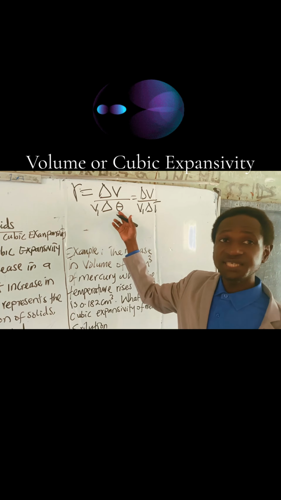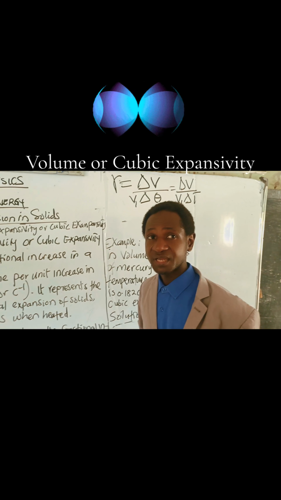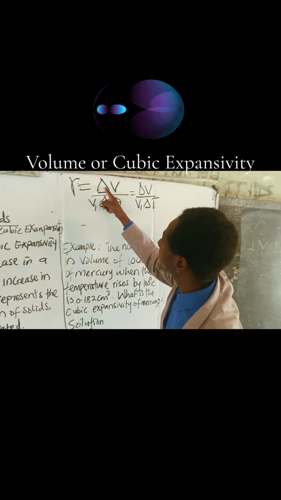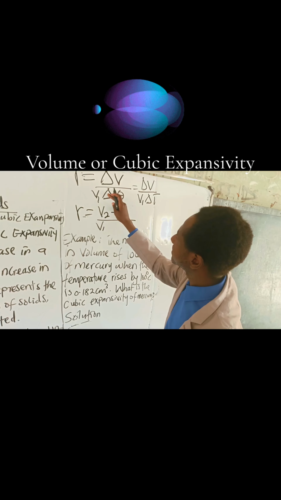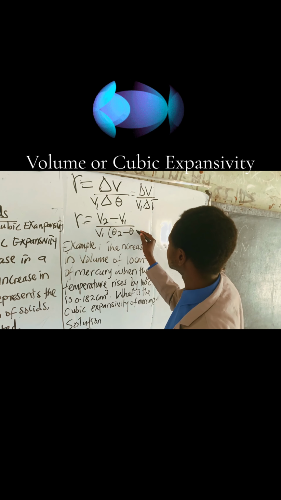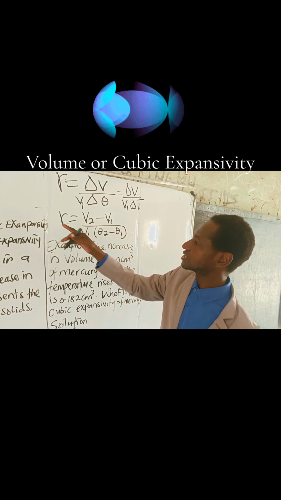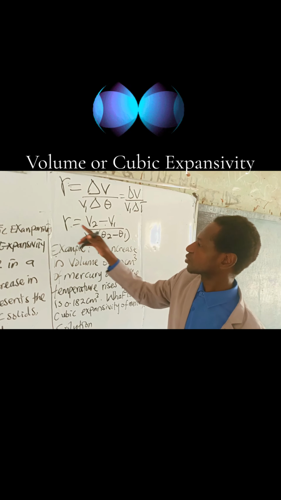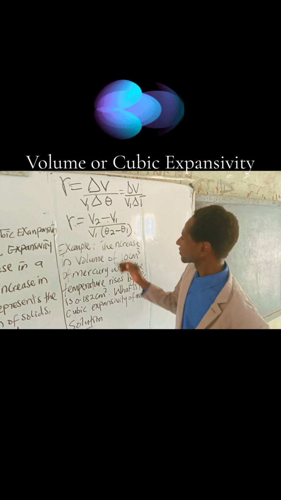It may be given as theta, or it may be given as T. Delta B means B2 minus B1, and delta theta means theta 2 minus theta 1. So it comes back to its original form: volume expansivity is equal to B2 minus B1 all over B1, theta 2 minus theta 1.